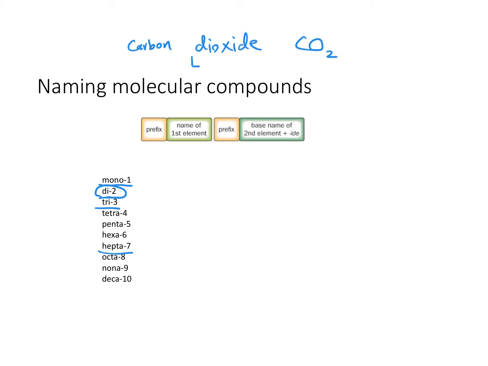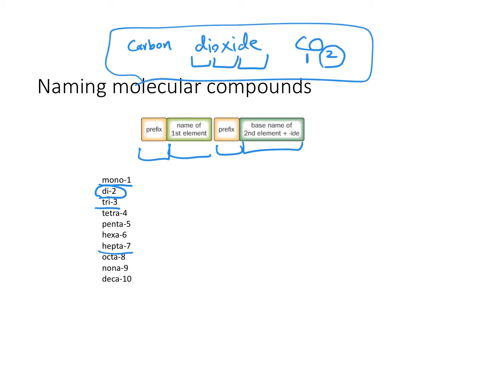Because you remember that di is 2 because you have 2 oxygens, and then we have ox, the base name of the nonmetal, plus ide, right? So basically that's your rule here. And if you have only one atom at the beginning, you don't write mono, like carbon dioxide.